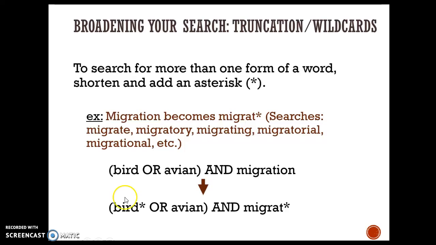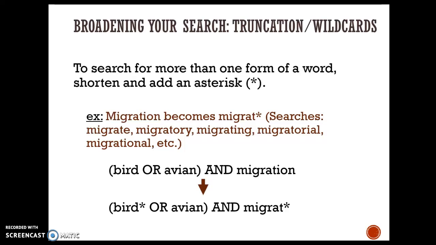So we also have an asterisk with the example with bird. So that could be looking at bird, birds, birding. Things like Google do that automatically, but databases don't. So it's a very useful tool if you're getting stuck.